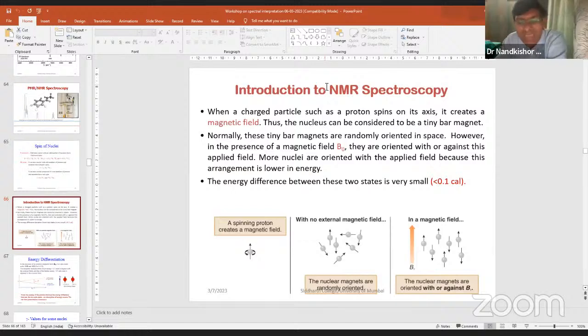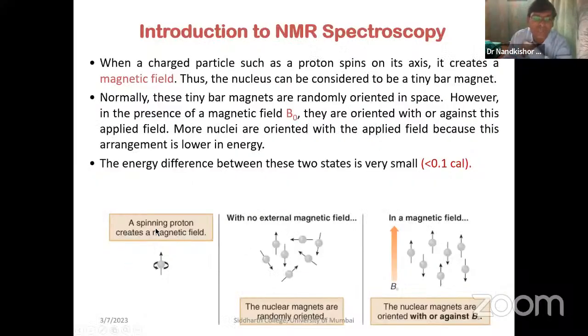When such induced magnetic fields remain as individual entities, they move in random directions. If you see the diagram here, you can easily understand what it means. The first diagram deals with the movement of the nucleus on its own axis, that is, the spinning of the nuclei.